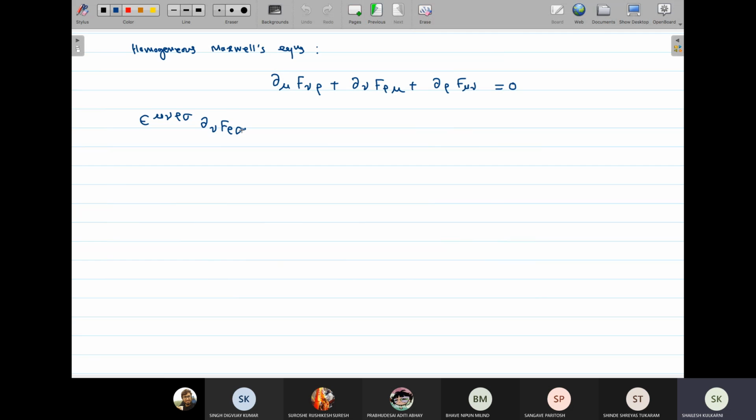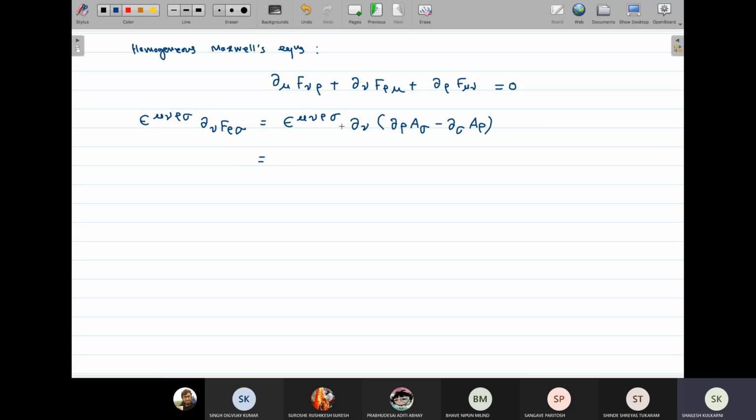Let us see what this is. You can immediately argue this by using the expression for F rho sigma. What is the expression for F rho sigma? Del rho A sigma minus del sigma A rho. I am not going to put 0 here; I have to show that.